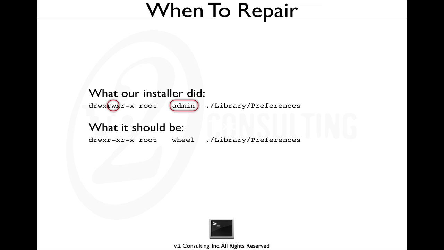We're highlighting here /library/preferences, and we can see the installer actually set two incorrect settings. Number one, it gave the group permission to write to that directory, but the admin group, not the wheel group, is set.